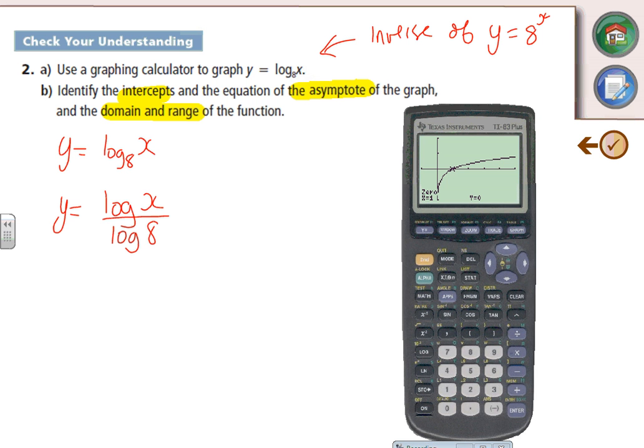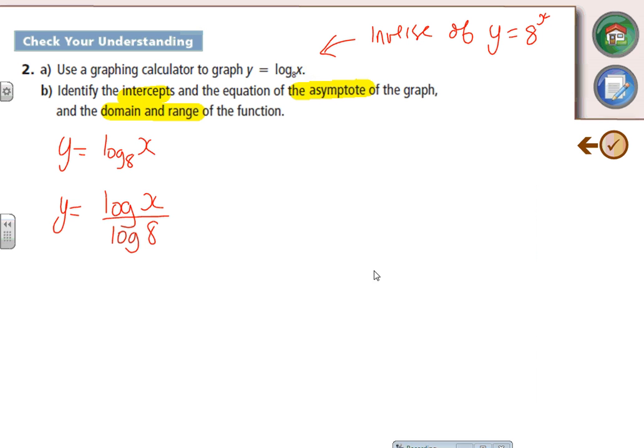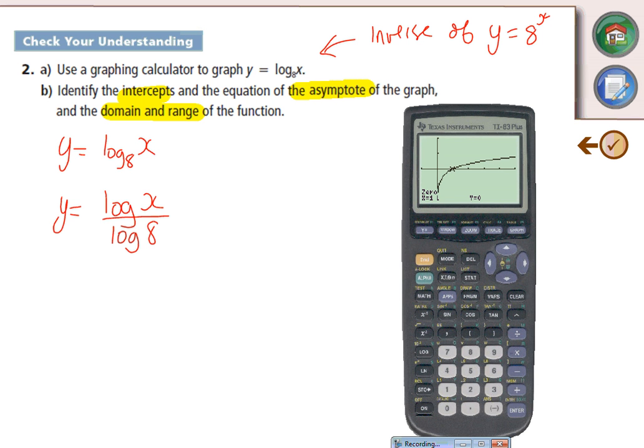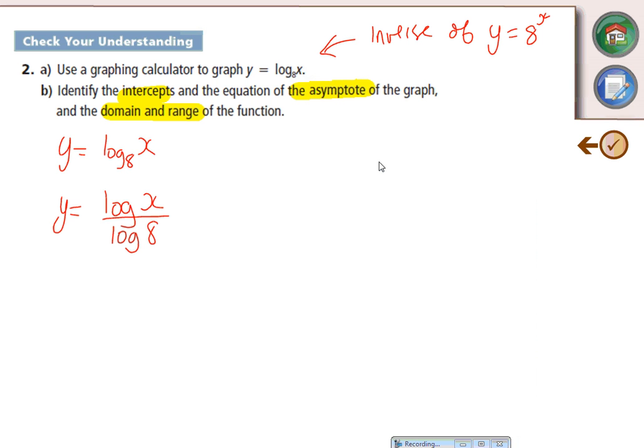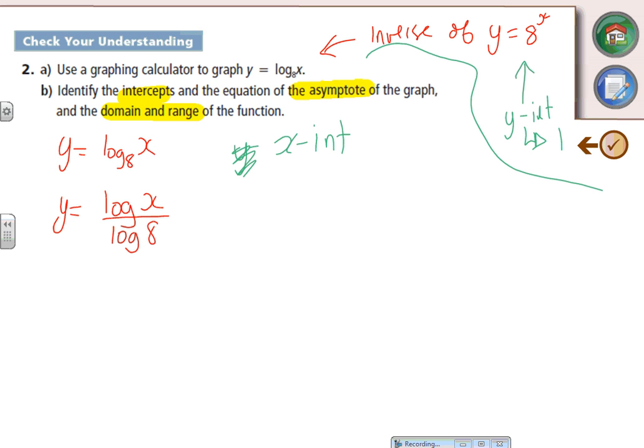We probably could have guessed that. So our x-intercept here is at 1, and we know that because on the inverse, the y-intercept on an exponential would have been 1. So we've got an x-intercept on this graph equal to 1.